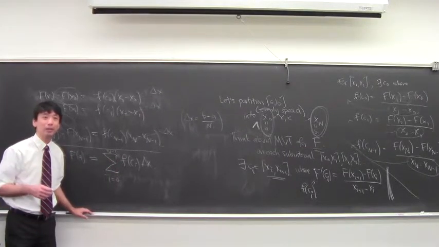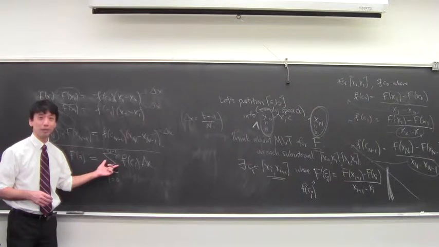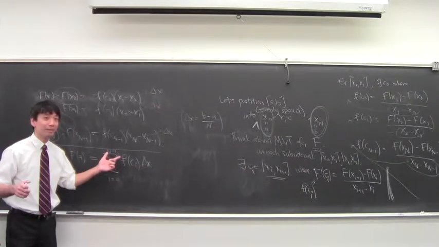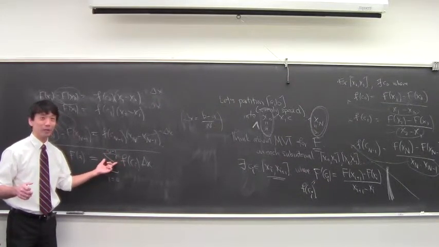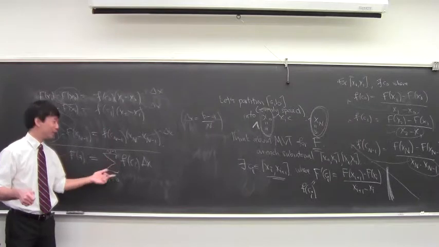Isn't that the definition of the integral? It's not quite the definition of the integral. This is a Riemann sum. But how would we get to the integral from here? By evaluating it on the interval? Not quite. You've got these Riemann sums. Taking the limit. Taking the limit, right.